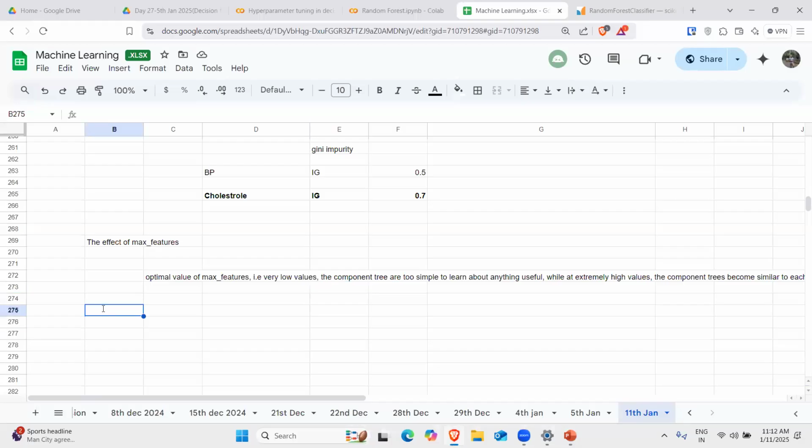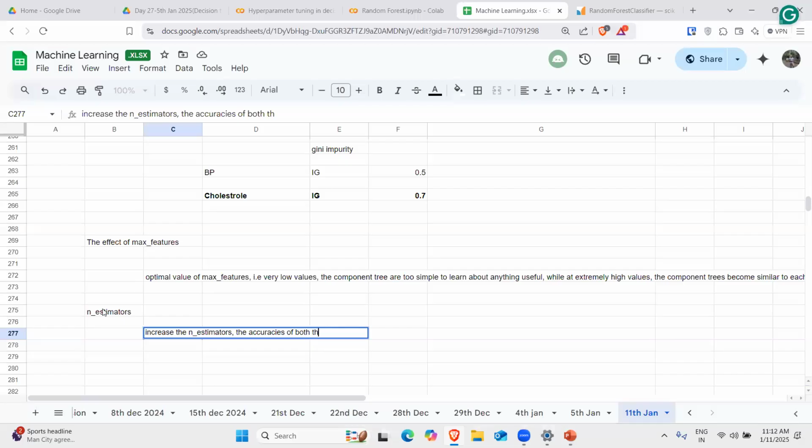Then we have n_estimators. What does it say? When you observe the plot of n_estimators and the training and testing accuracies, you'll see that if you increase n_estimators, the accuracies of both the training and test sets gradually increase, right?